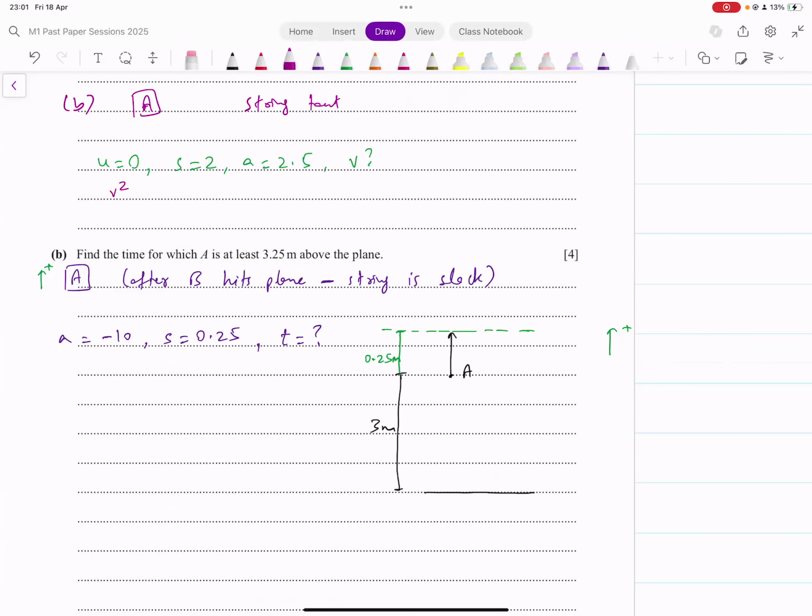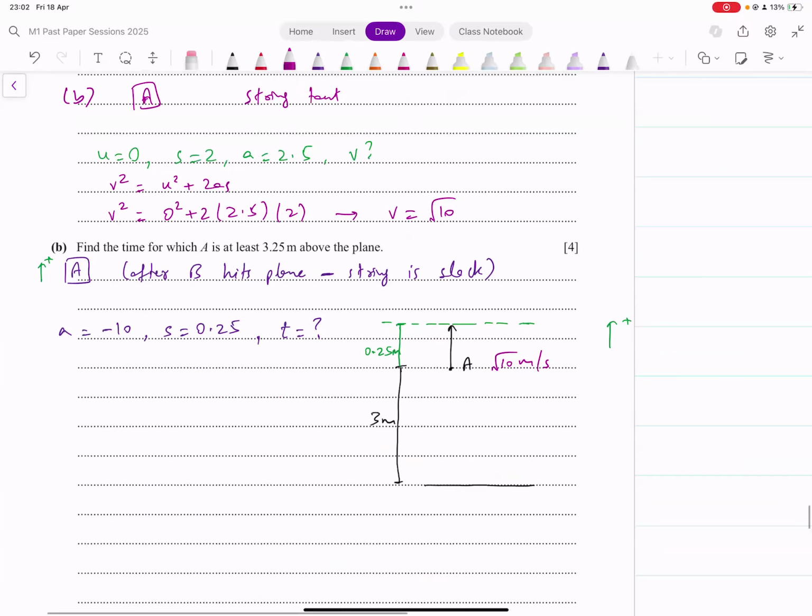We can use v squared equals u squared plus 2as. v squared equals 0 squared plus 2 into 2.5 times 2, which gives v equal to square root of 10. This is the velocity at this point: square root of 10 meters per second.